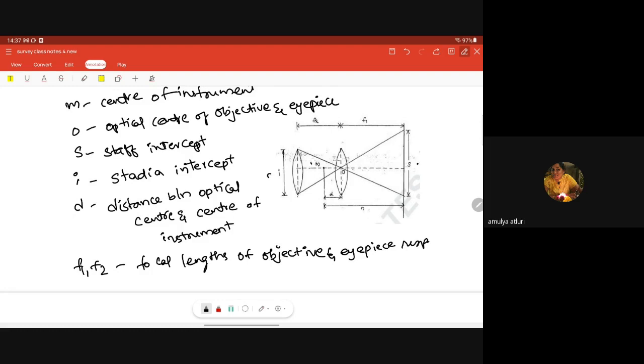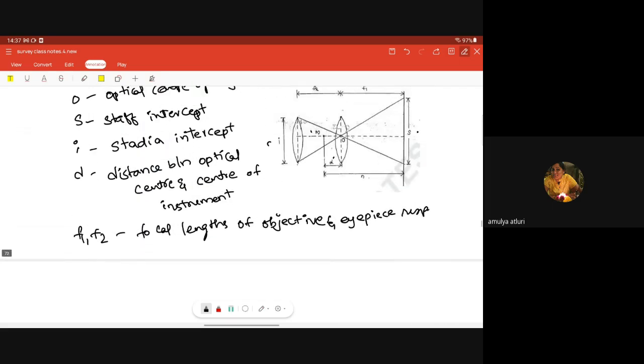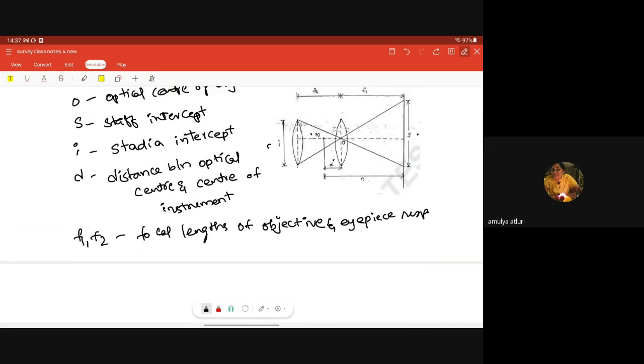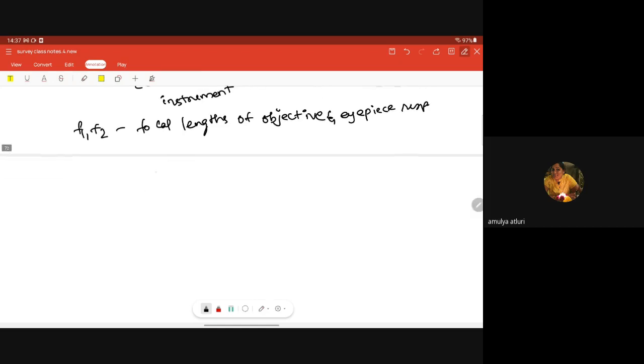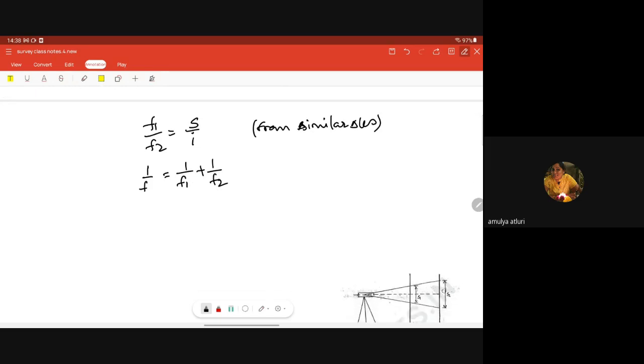MO is the distance D. You can see here F1 and F2, S and I. From similar triangles, we can write F1 by F2 is equal to S by I. And we know from optics the formula 1 by F is equal to 1 by F1 plus 1 by F2, the total focal length.